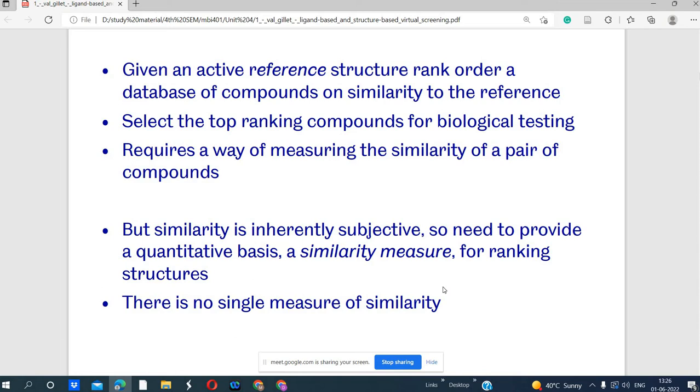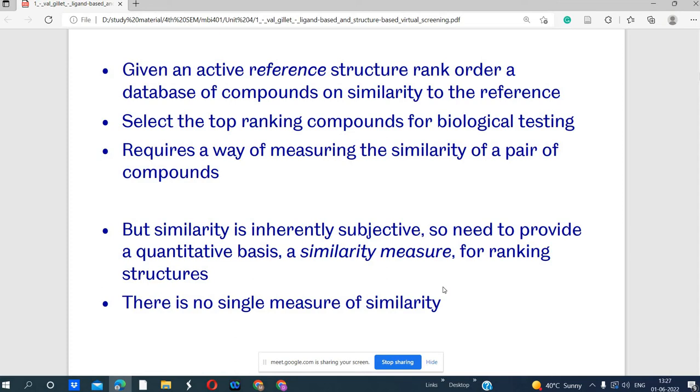Understood? If we have a known active reference structure in our database, then we can use the rank order for new compounds. We can compare the new compounds with these known reference structures and do the ranking. So this is how similarity search is useful.